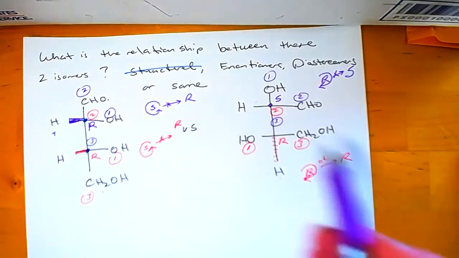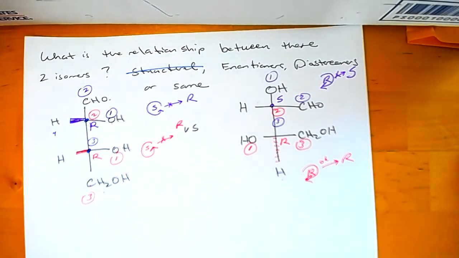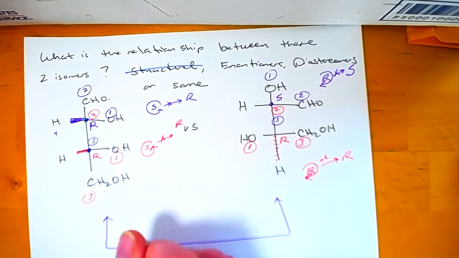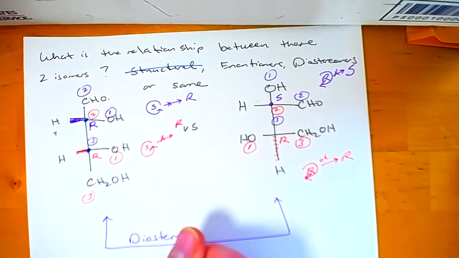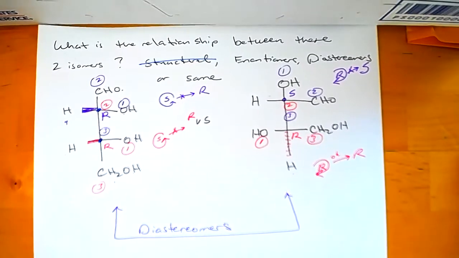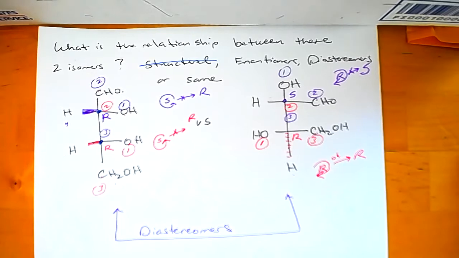That means one of the stereocenters isn't matching, so they're not mirror images of each other. So the relationship between these two compounds is they are in fact diastereomers. Now I know that may not be exactly the same way it's explained in other circles, but I like that method because it's pretty ironclad.